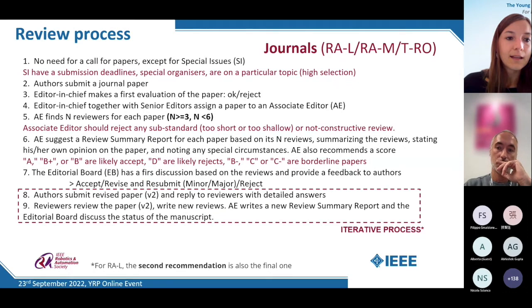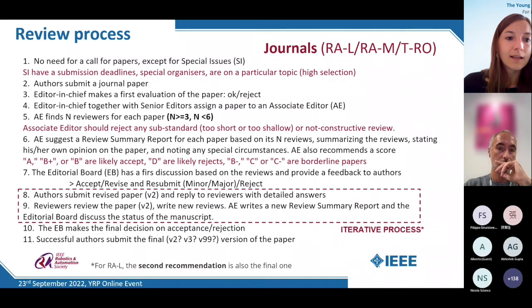After this game between the reviewers and authors finishes, so basically the reviewers are happy with the authors' answers to their comments, the editorial board finally makes a decision about the acceptance or rejection of the paper, and the successful author can submit the final version of the paper, which can be the second, the third, but also version number 99, to Paper Plaza.